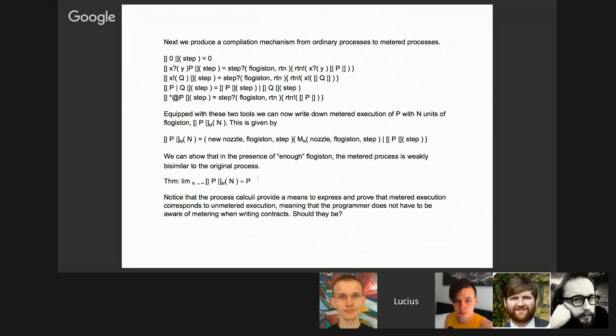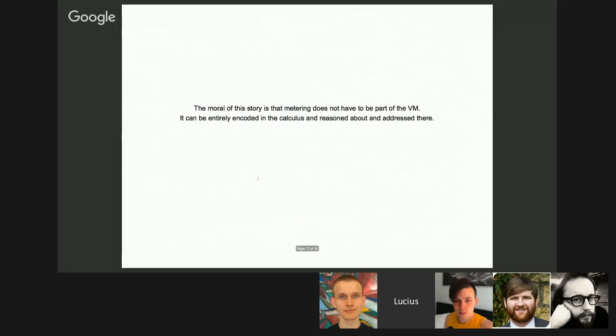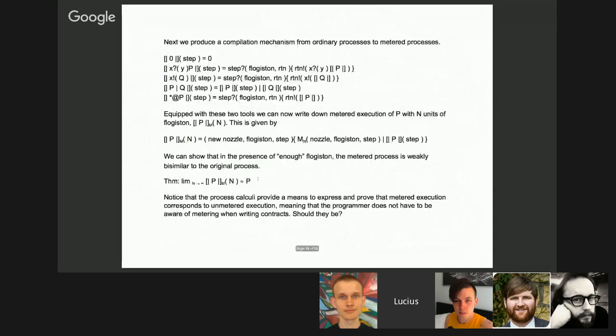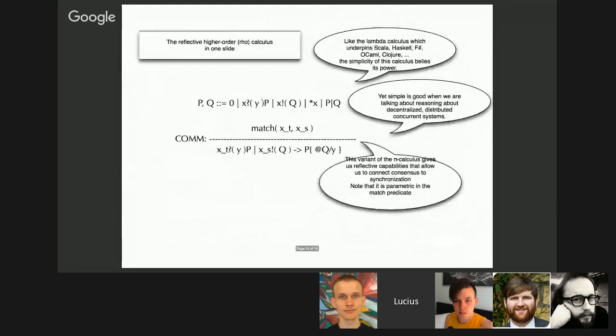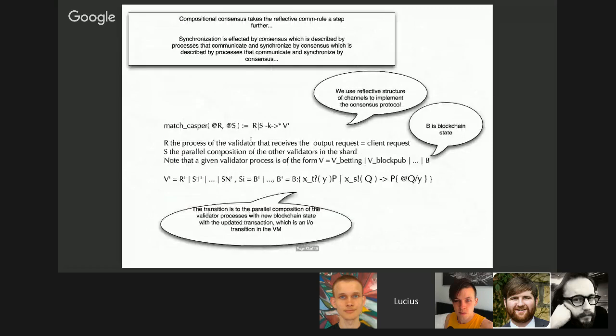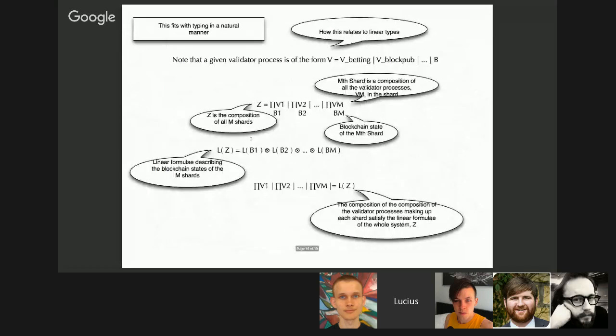The biggest dividend of all, of course, is implicit in these equations, which is that metering doesn't have to be a part of the VM. I've completely gotten rid of it. I don't need it. I'm encoding it directly in the calculus. I don't have to have a VM. For me, the VM is largely represented by this rule here. I don't need to modify the VM to be smart about metering.